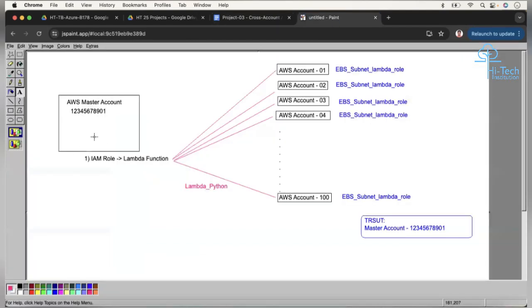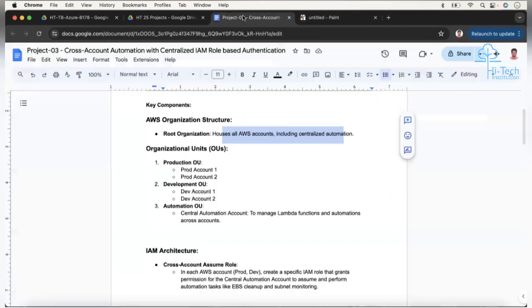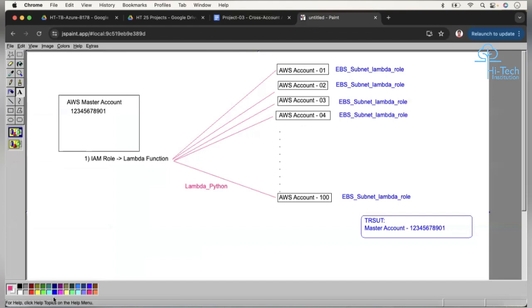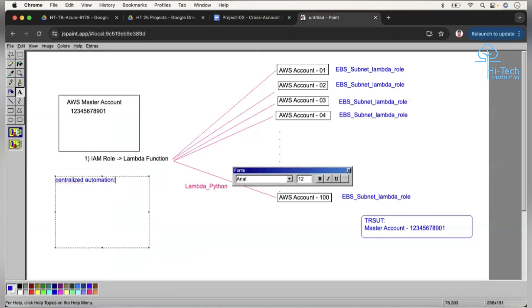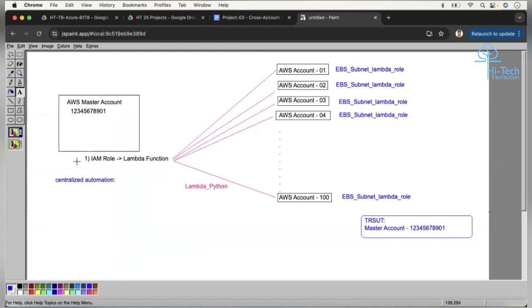In the same account you are creating your Lambda automations as well. You are going to set up the centralized automation under this master account.